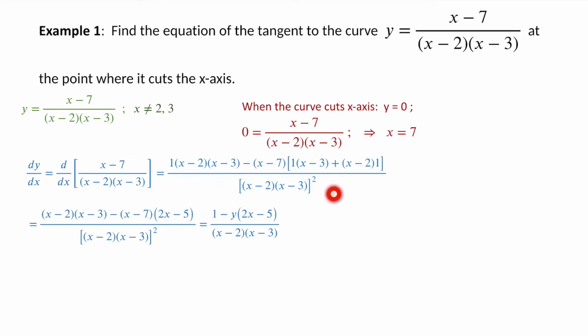So see here we have the denominator squared, and on the numerator we have the derivative of the numerator, which is x minus 7, which is 1, and multiplied by the denominator minus the numerator multiplied by the derivative of the denominator. And the denominator, because it is the product of two functions, we again apply the product rule of derivatives to find out the derivative of the denominator, and then we further simplify it.